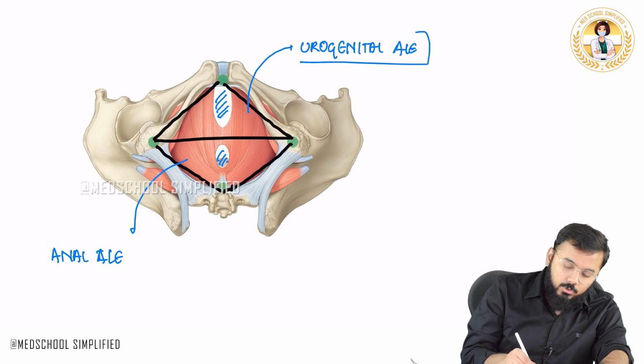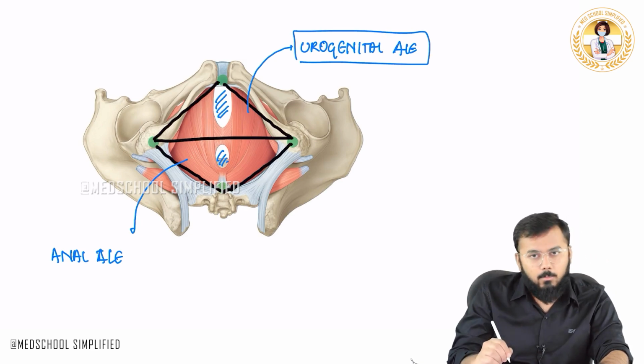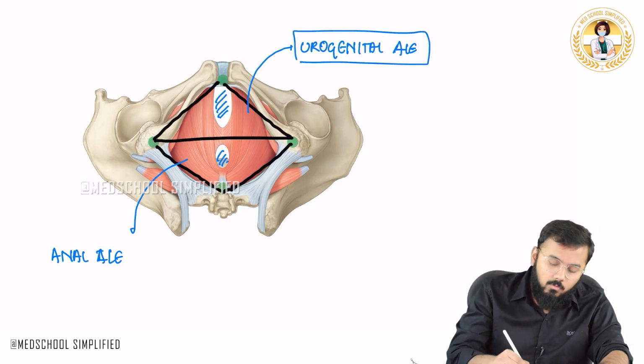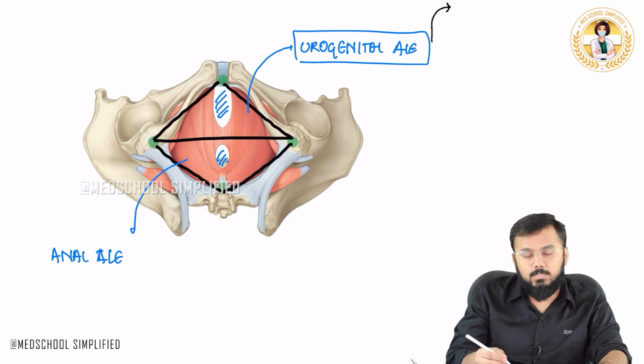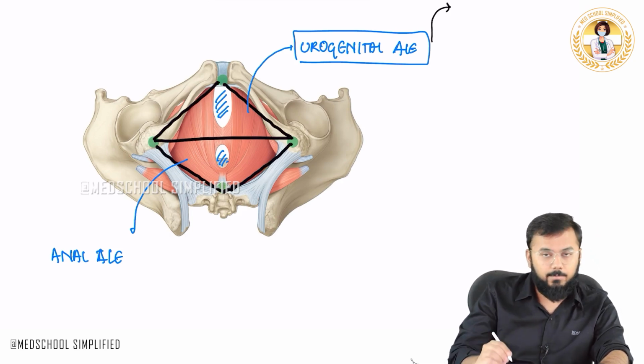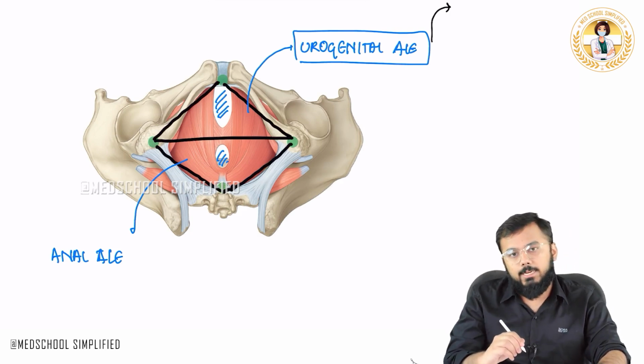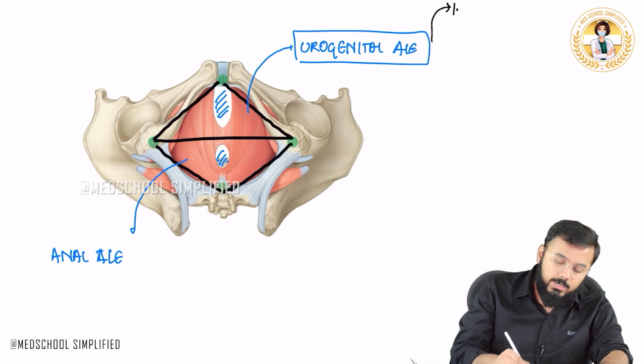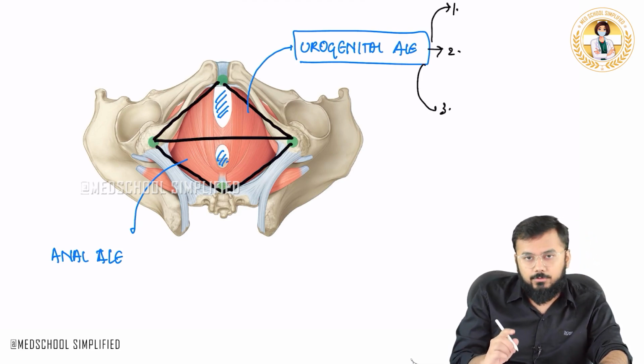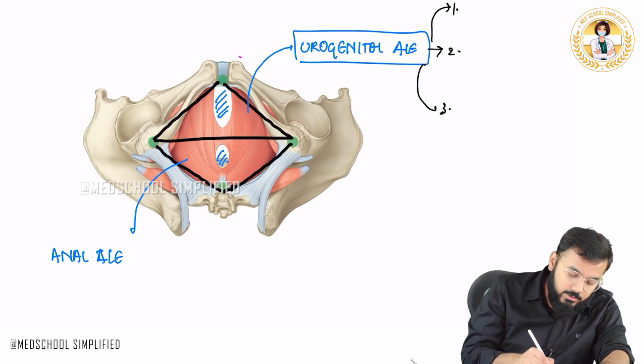Regarding the urogenital triangle, what are the different borders? Previously we discussed the borders of the entire perineum. Now I am discussing the borders mainly of your urogenital triangle. There are three important borders. The first important border is the pubic symphysis. You see this point?